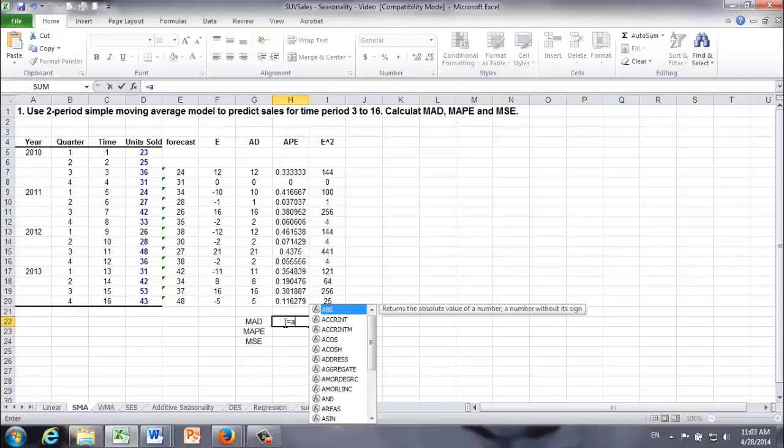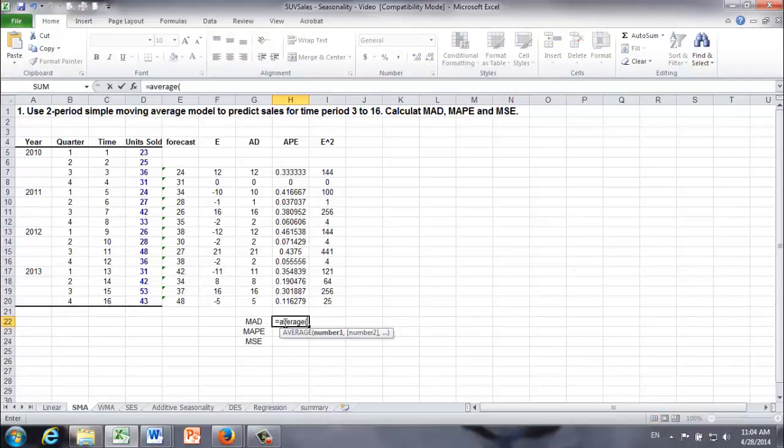It's going to be equal to the average of all those absolute deviations we calculated earlier. Okay, let's take an average of that, return. Okay, so we know MAD, mean absolute deviation, in this case is about 8.43.